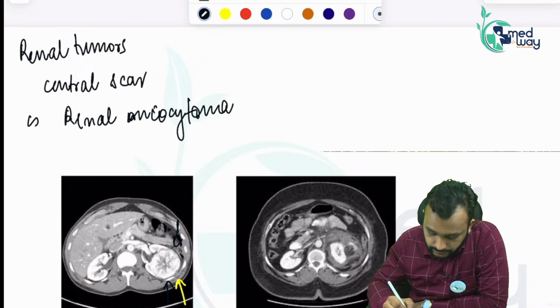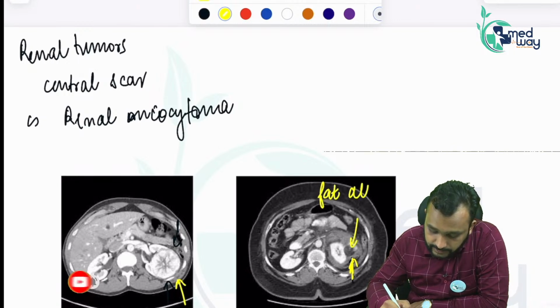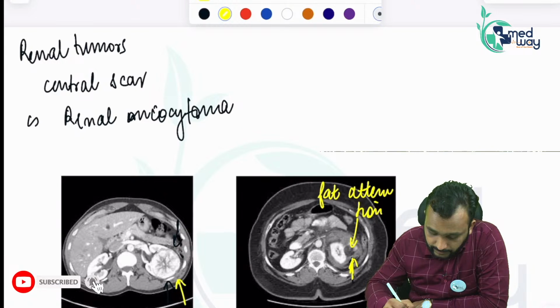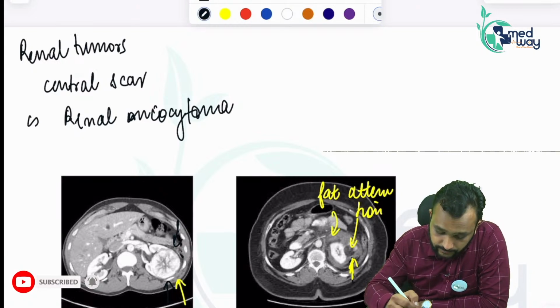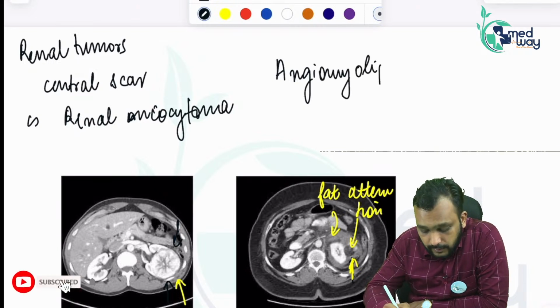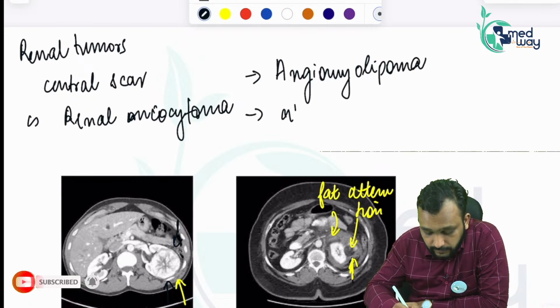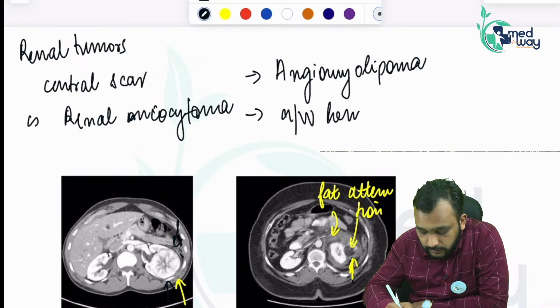Right? Now this second lesion, we can see that it contains fat attenuation contents. When the lesion has fat attenuation contents and there is surrounding hemorrhage, this is seen in patients with angiomyolipoma, and it is associated with hemorrhage also.